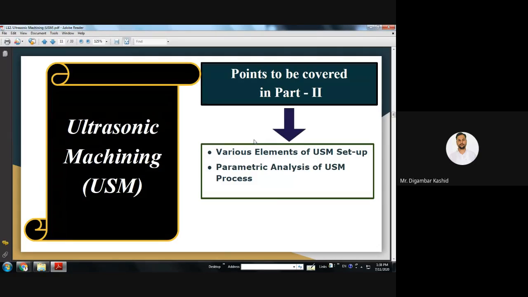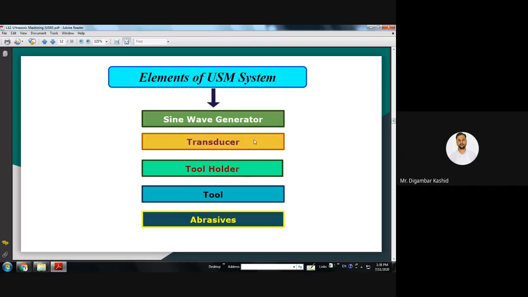Setup means all the components which are required for the entire USM process. Here I have mentioned some standard components or elements which are required for the USM system, as listed by V.K. Jain. The first component of the USM system is the sine wave generator.